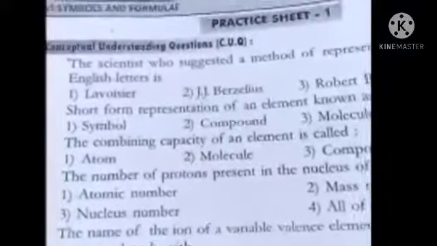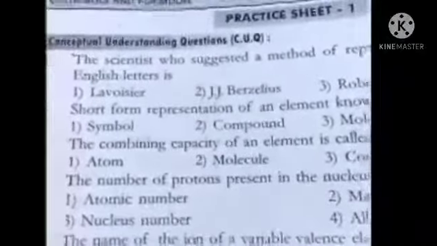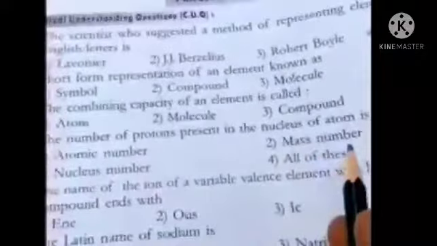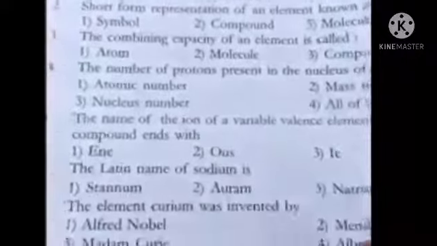In our previous class we discussed small particles combined as one atom. Atoms combine to form a molecule. Molecules combine, that is the element. Elements combine, that is called the compound. The number of protons present in the nucleus of an atom is called atomic number, mass number, nucleus number, all of these.